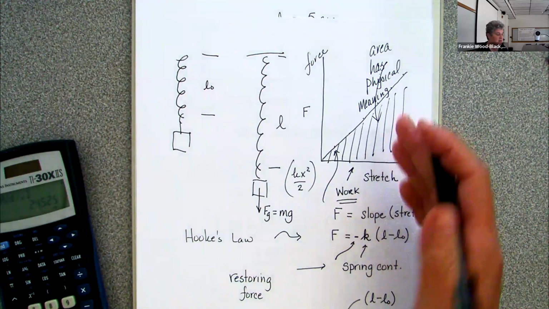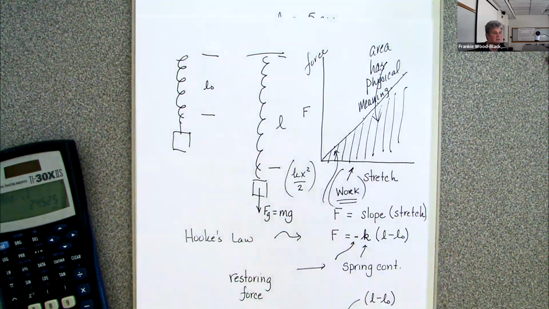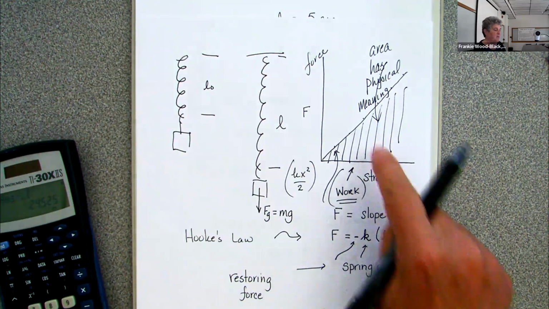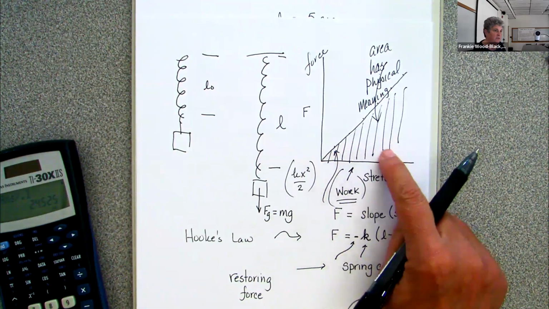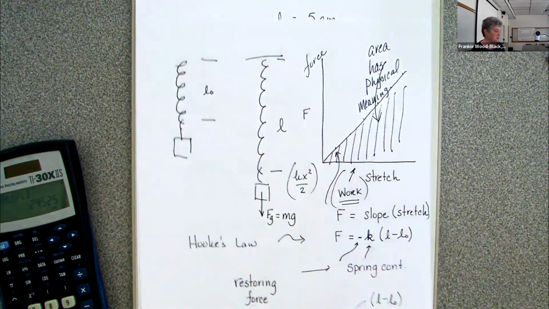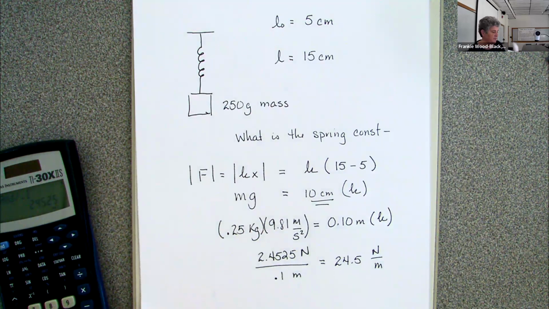So we get this area and we're going to define this weird thing called work. We really want to look at that, but we'll come back to that. But I wanted to show you that the area under this curve actually has physical meaning. So let's start thinking about what happens here.